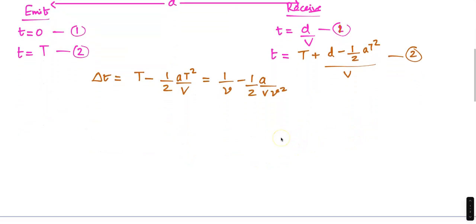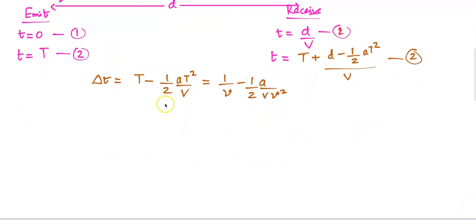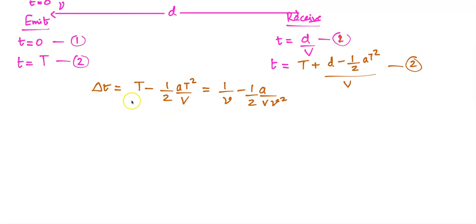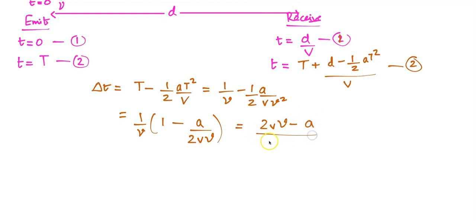And so we can simplify this a little bit to obtain the answer in a form that is needed. So this is 1 over nu times 1 minus a by 2v nu, and so this is (2v nu minus a) by 2v nu squared, and this is the difference in times between the observer receiving the first wave and the second wave.